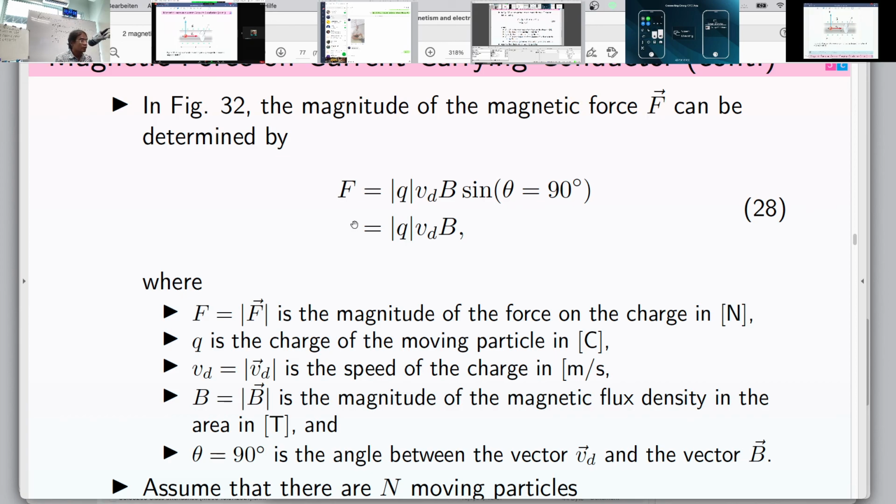And for the sake of magnitude, as I told you, you can use the magnitude version of F = QVB, which is the absolute value of QVB sine theta, and in this scenario, theta is 90 degrees.